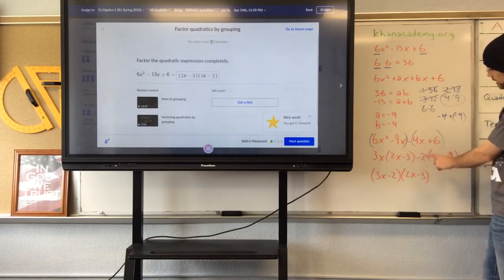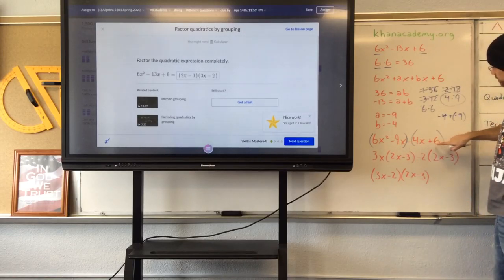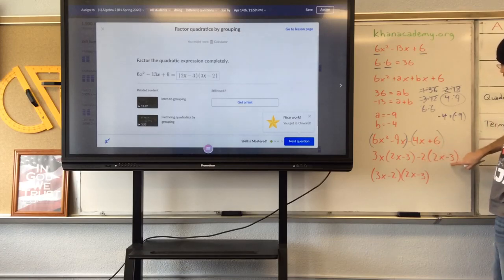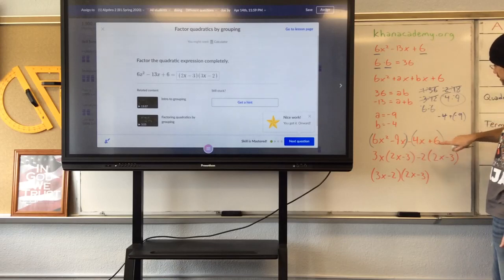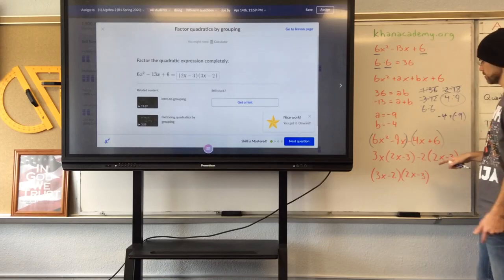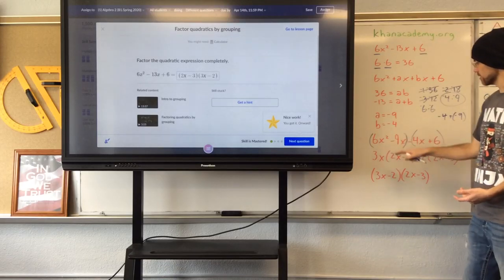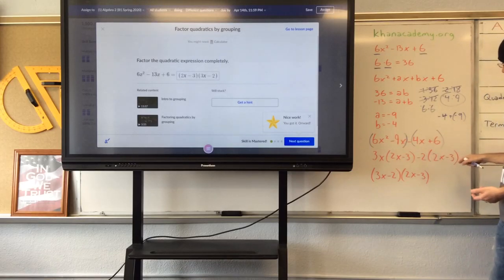And then I look at this and I have negative 4x plus 6. Well, that's negative 2 times 2x is negative 4x. Negative 2 times negative 3 is positive 6. Okay, so we factored out 3x and we factored out negative 2.